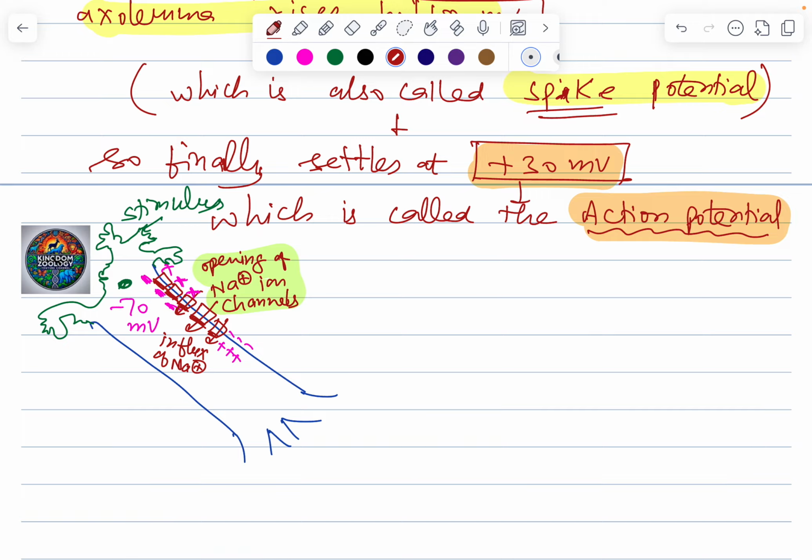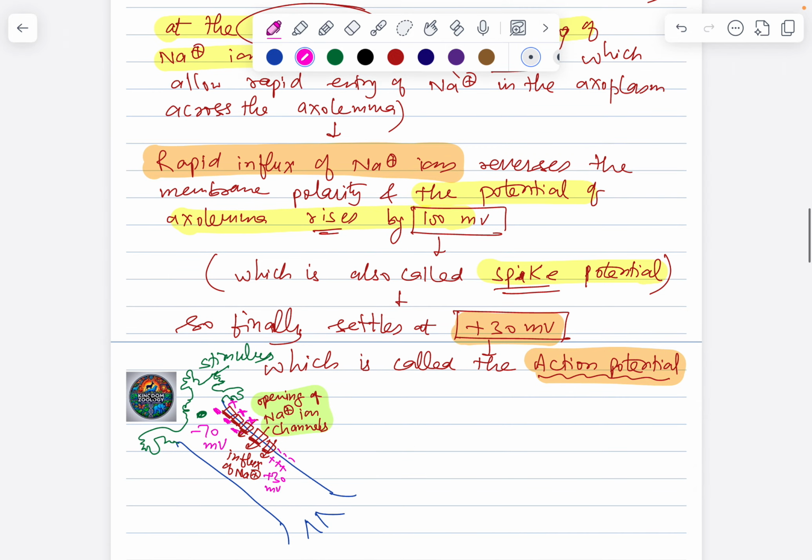And this potential now is how much? Plus 30 millivolt. So we saw how much rise occurs from minus 70 till plus 30, a 100 millivolt spike. And who's responsible for generation of the action potential? Rapid influx of sodium ions.